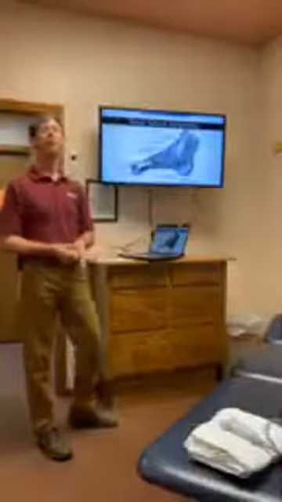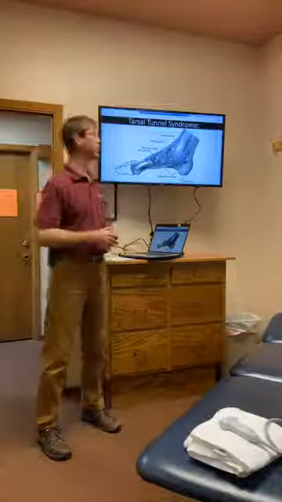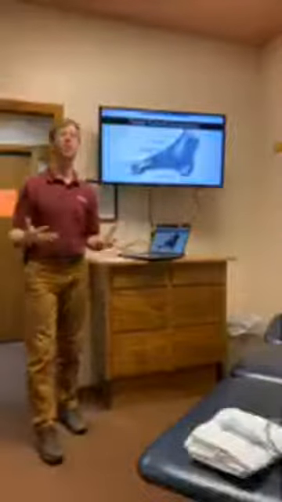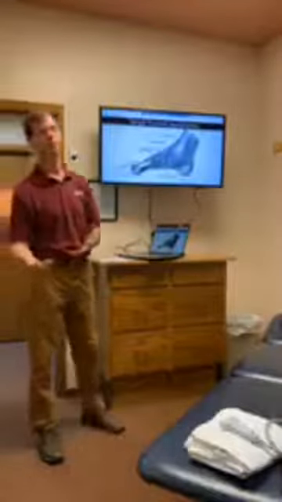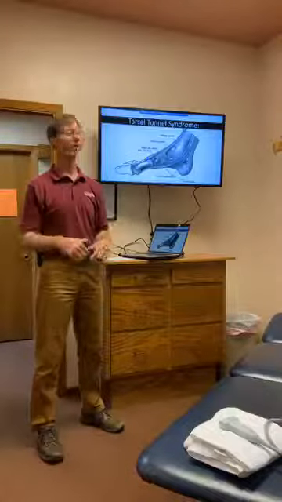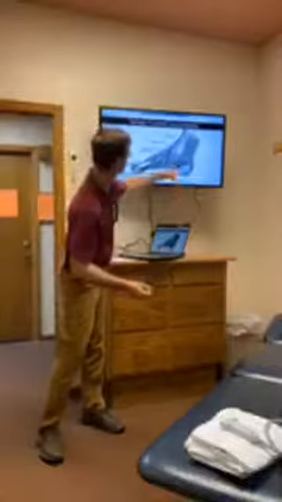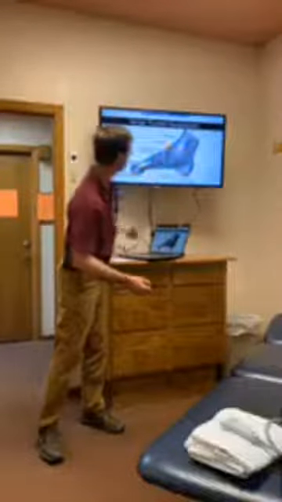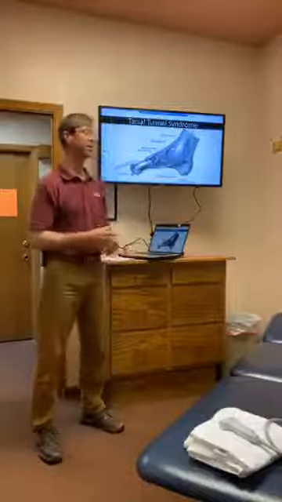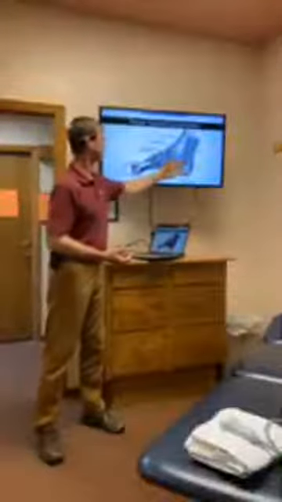Okay, another, maybe not as common as the previous ones, but another cause of ankle and foot pain is called tarsal tunnel syndrome. There's some similarity between carpal tunnel syndrome and tarsal tunnel syndrome, but it's a different location. Instead of carpal tunnel at the wrist, we now have tarsal tunnel in the ankle and foot. You can see right through here, we have the tunnel basically coming along here. Basically what happens is you get compression of the nerve that's sitting in this area.